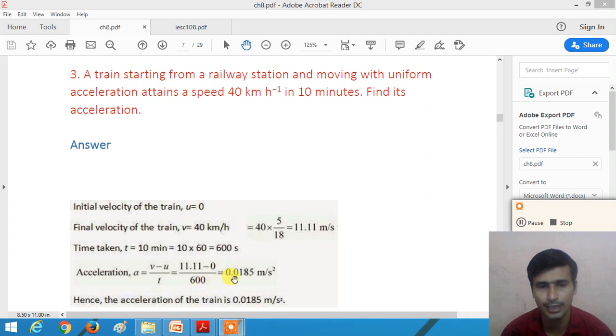So we get the answer 0.0185 meter per second square. So here the initial velocity is 0 and the final velocity 11.11 is greater than the initial velocity. So the acceleration is positive. So the acceleration of the train is 0.0185 meter per second square.